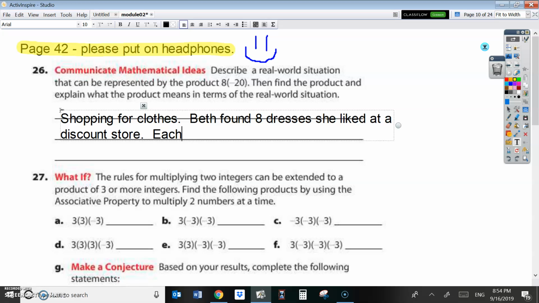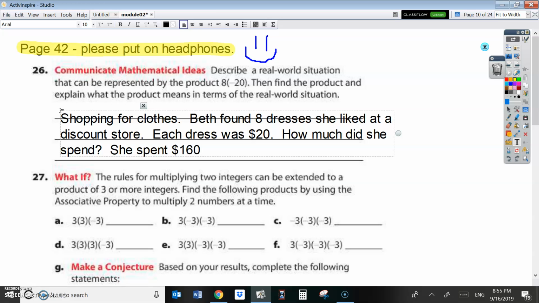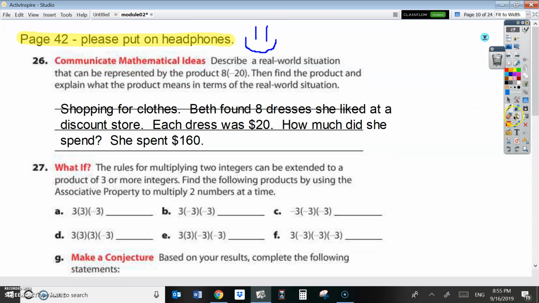Each dress was $20. How much did she spend? She spent $160. Lots of correct answers for that one.